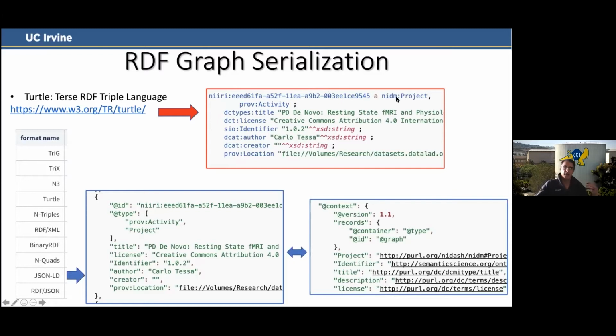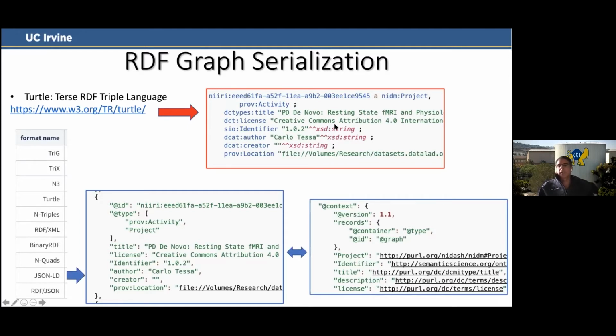And so you can read through these statements one at a time in the same way. This NIRI thing is a NIDM project. This NIRI thing is a prov activity. This NIRI thing, and then you see DCT or DC types title. So that's another URI, and it, in this case, describes what title means. So we're saying this NIRI thing has a title, and then it has this title.